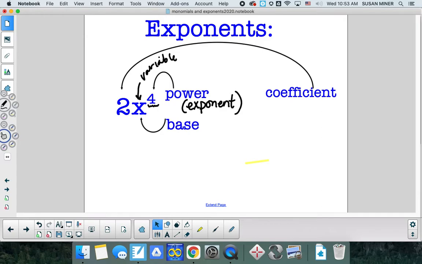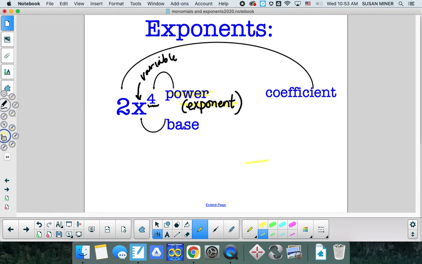So the coefficient will be out in front. It will be the number. But once it gets an exponent on it, it is called the base. And then the exponent, we also refer to it as a power. These two words here are synonyms. They are the same thing. They mean the same thing, exponent or power. And you'll hear me use those interchangeably. A lot of times I'll say x to the fourth power.